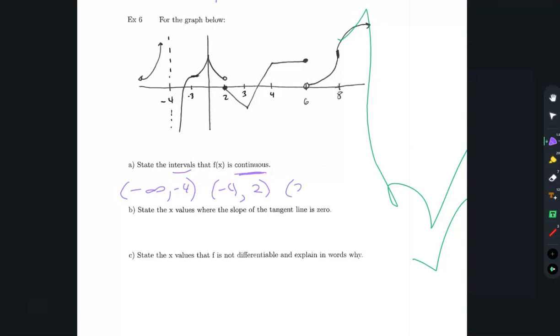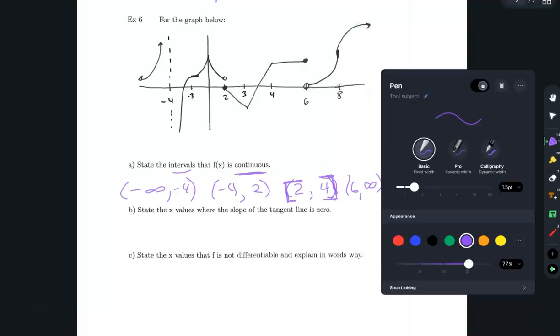And then I start back up at 2, and I can go to 4, and then I start back up at 6, and then go to infinity. Good? Okay. I guess we could actually include the point 2 here and include the point 4, but it's not a big deal. I would accept either answer.